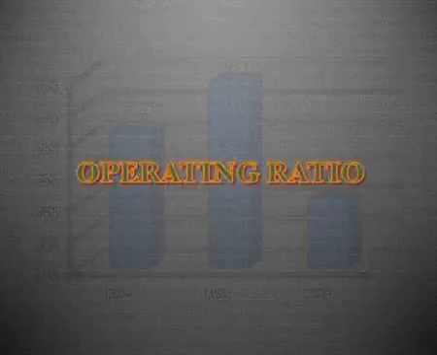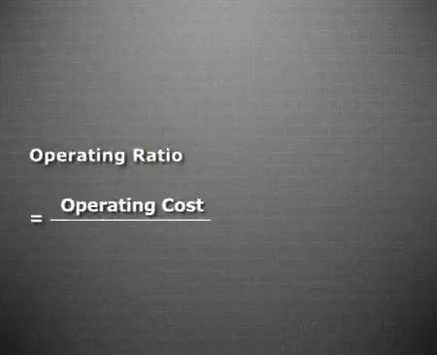Operating ratio. This ratio measures the relationship between the costs of goods sold plus other operating expenses to net sales. Operating ratio may be calculated as operating ratio is equal to operating cost divided by net sales into 100.